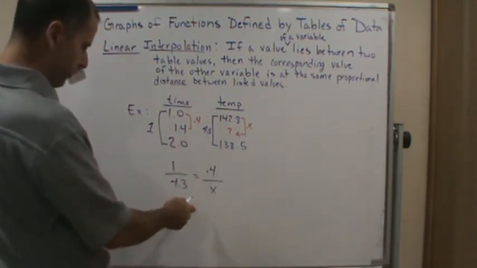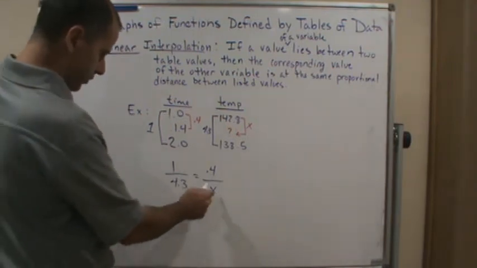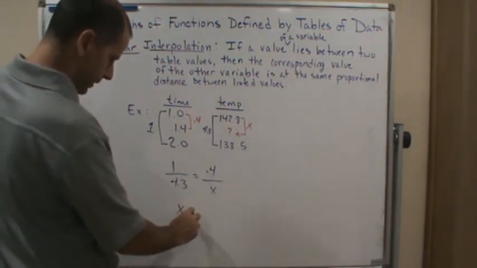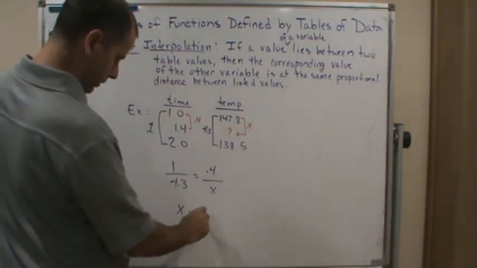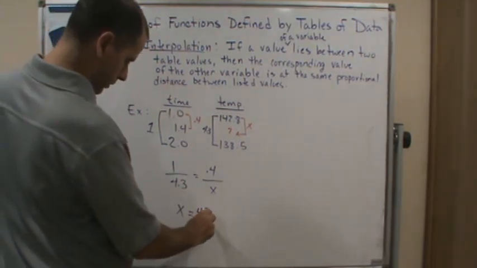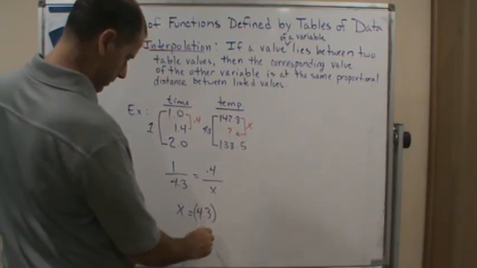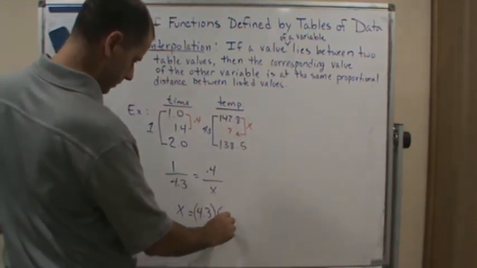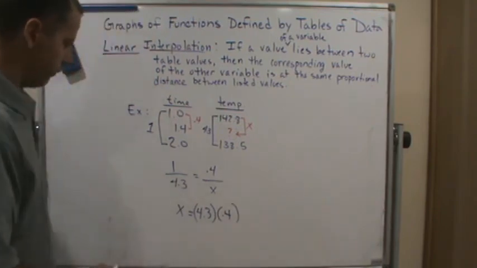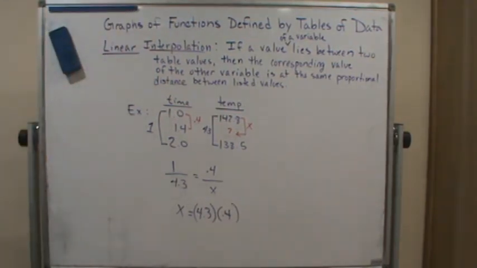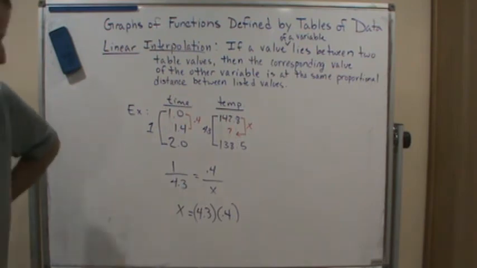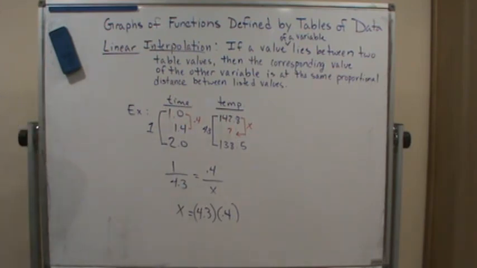In this case, if we solve for x, we get x equals 4.3 times 0.4, which gives us 1.7.